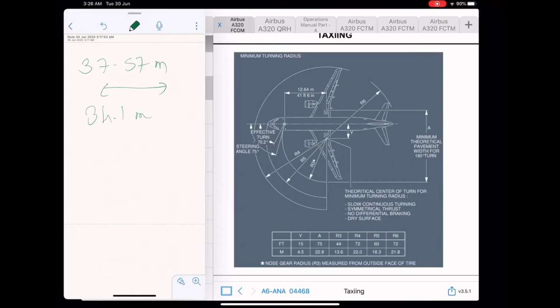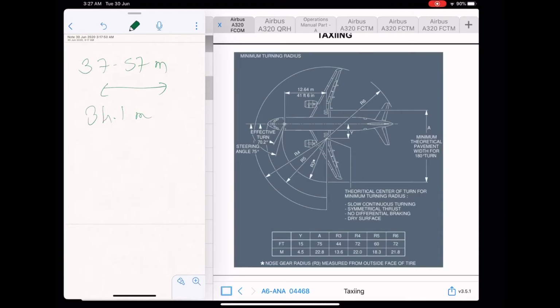degree turn. So for A380, if you have to make a 180 degree turn, you need a minimum of 30 meters wide of the path, which is the taxiway or the runway, which is just a good number to remember. The 30 meters is minimum that I require if I have to safely make this complete 180 degree turn.